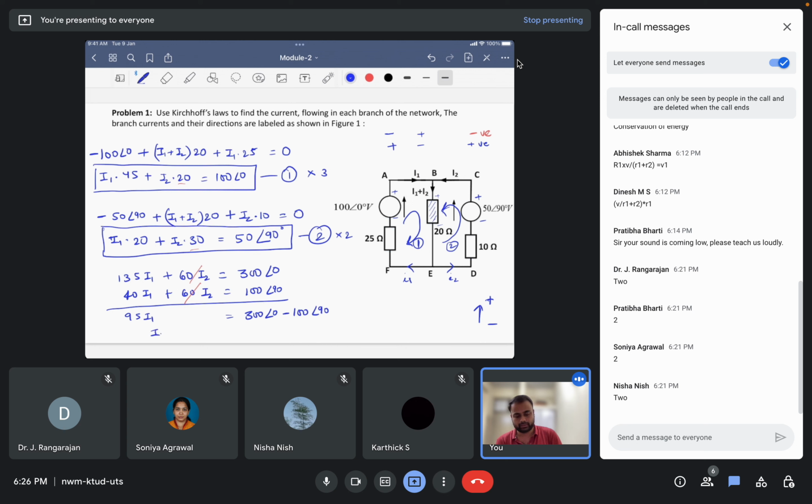So I1 is (300 minus 100j, we can write 90 degrees as j) whole divided by 95. So please use your calculator to find the answer. I will be using my calculator.